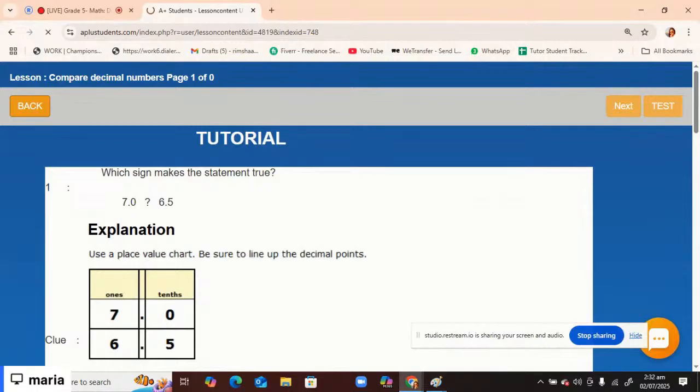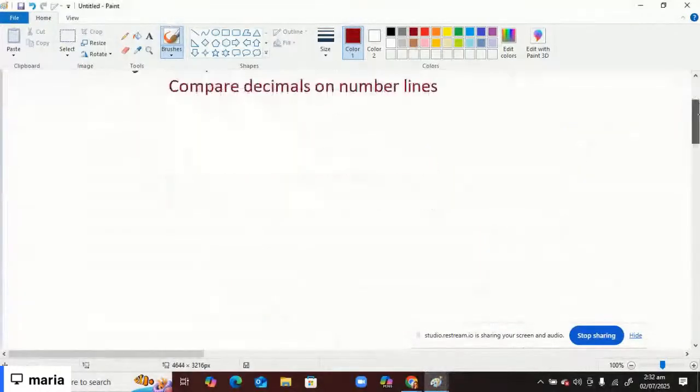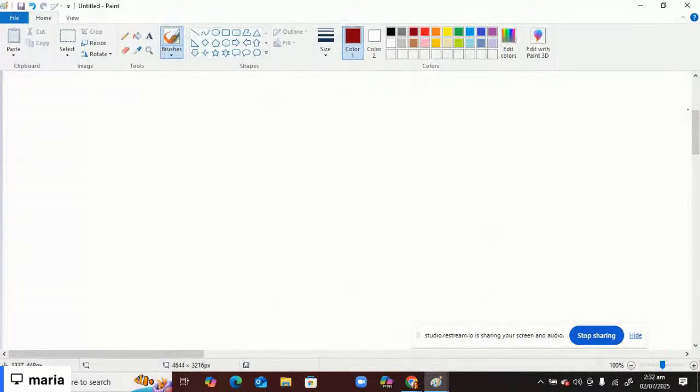Let me just open the whiteboard. So now for example, for a number line we just draw a dot for each decimal place.